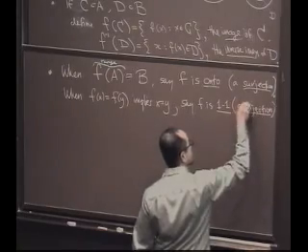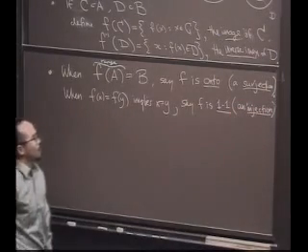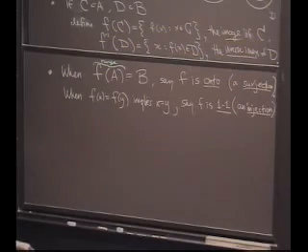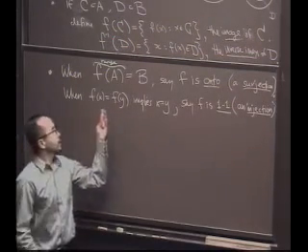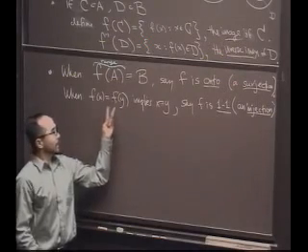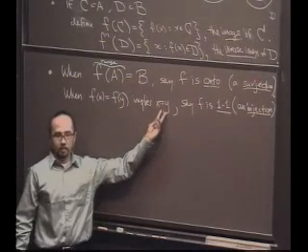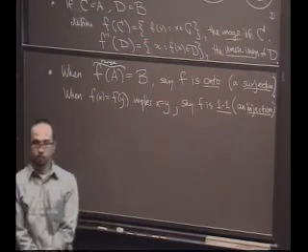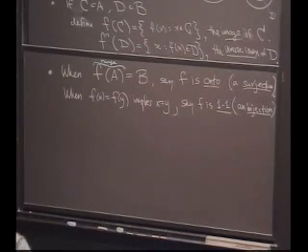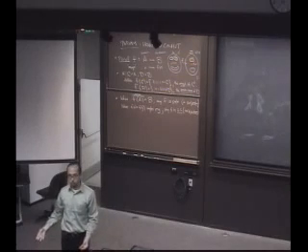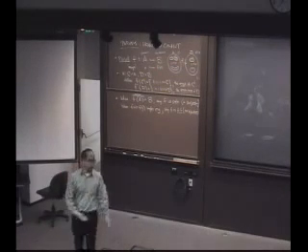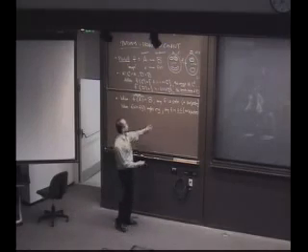Okay. So this is another way of saying it only sends 1 point to 1 point. If the image of 2 points is the same, those 2 points had to be equal. You happy with that? Another way of saying a function is an injection is if the inverse image of a single point is a single point. And you could, in fact, define a function that way.